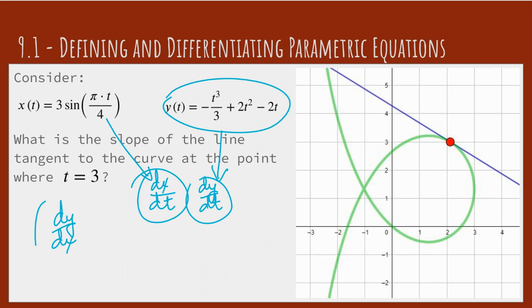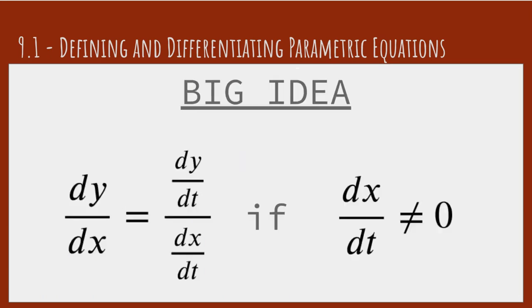So this expression that we're going to end up with for dy/dx is not going to be in terms of x and y like we've seen with implicit relations, but it's going to be in terms of that parameter t. And that's going to come into play with some of the problems that we're going to do later on in this unit.